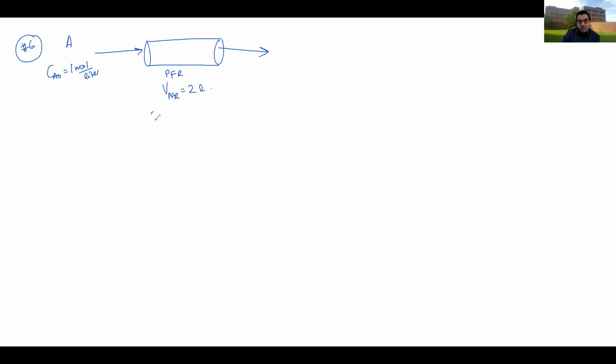Reacts away using this reaction, 2A goes to R, and minus RA is equal to 0.05 CA squared. And the units are mole per liter second. Find the outlet concentration of A. So I need to find CA for a feed rate of 0.5 liter per minute. And you're given a volumetric feed rate of 0.5 liter per minute. Okay, first step, I'm going to write the performance equation for the PFR.